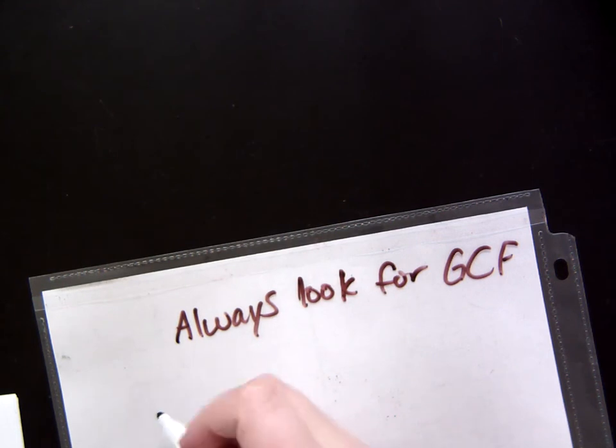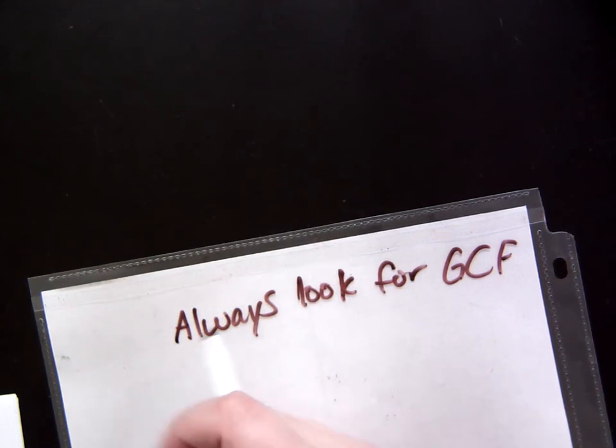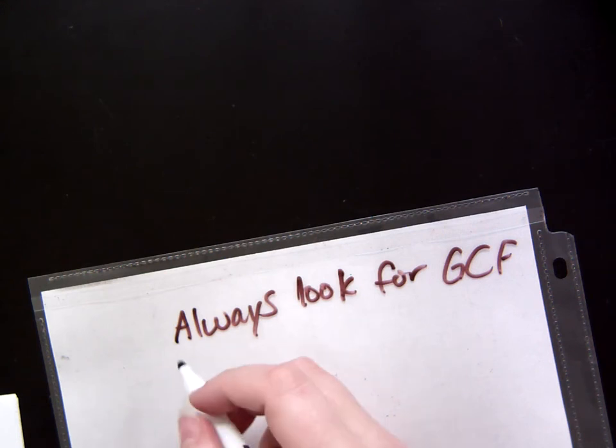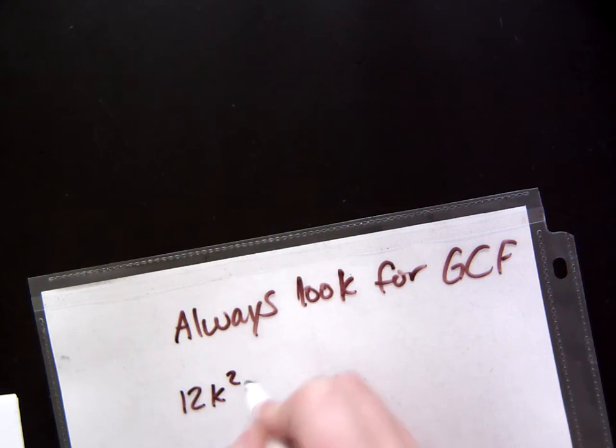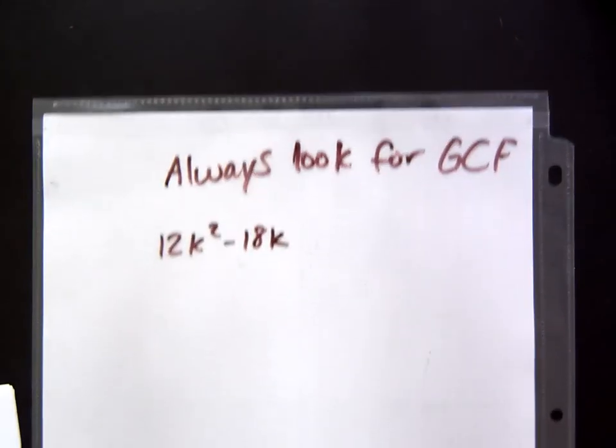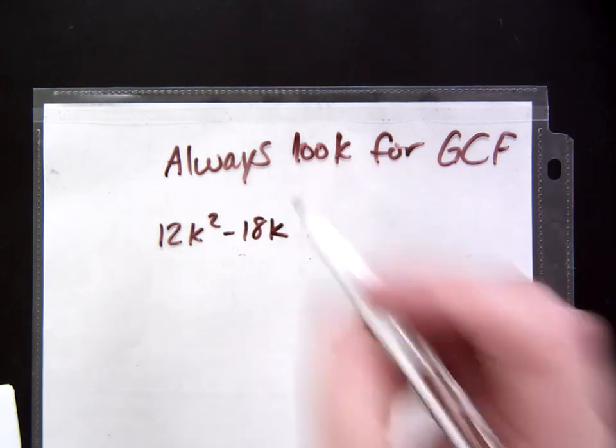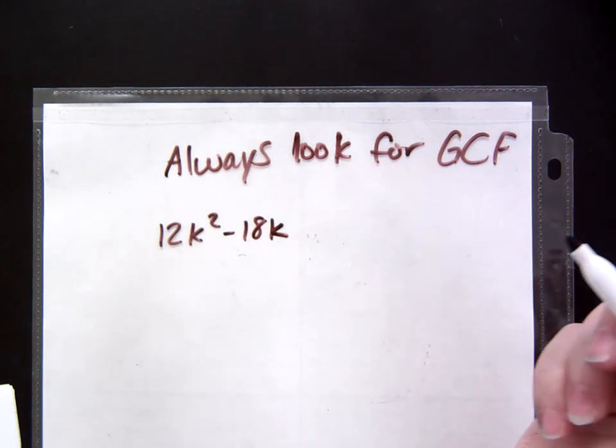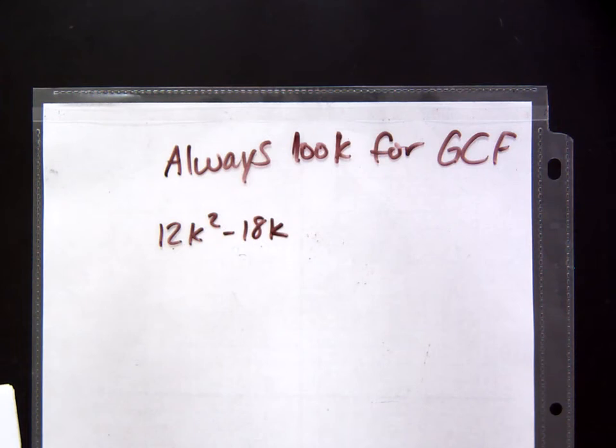So for instance, if I wanted to factor 12k squared minus 18k, there's a greatest common factor here of 6k. Both of these terms are divisible by 6 and by k.